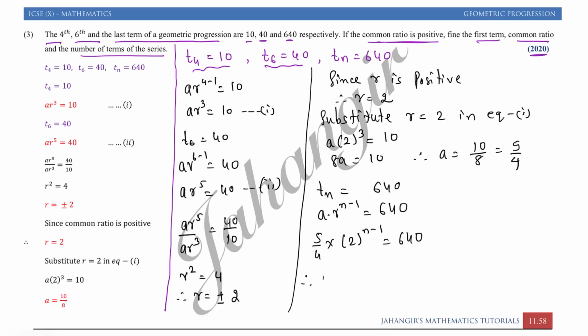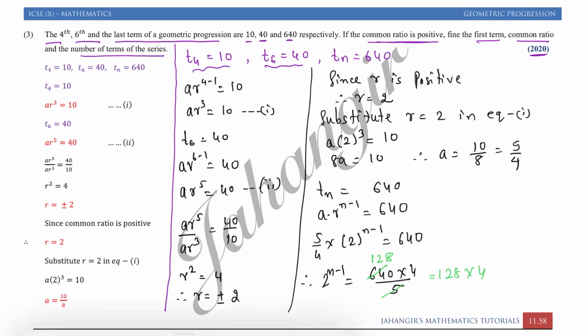So therefore I can write 2 raised to n minus 1 is equal to 640 into 4 upon 5. Let us cancel out. 5 ones are 5, 5 2s are 10, 5 8s are 40. So you will get that is 128 into 4.